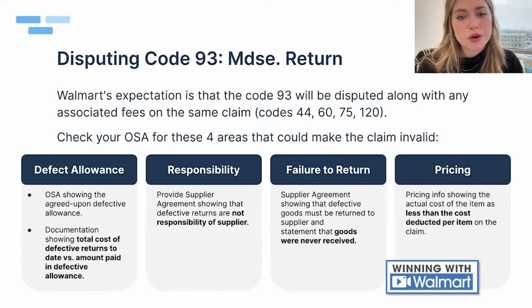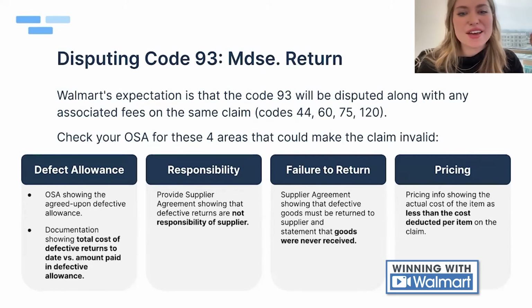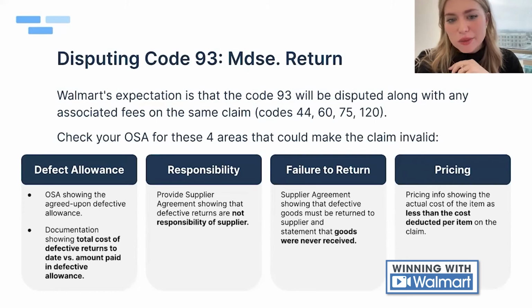Responsibility. Again, check your supplier agreement. You're going to hear a lot of that in the next couple of sections, to see if those defective returns are your responsibility or Walmart's responsibility. I usually see that it's the responsibility of the supplier, so that might be a better place for you to check first.